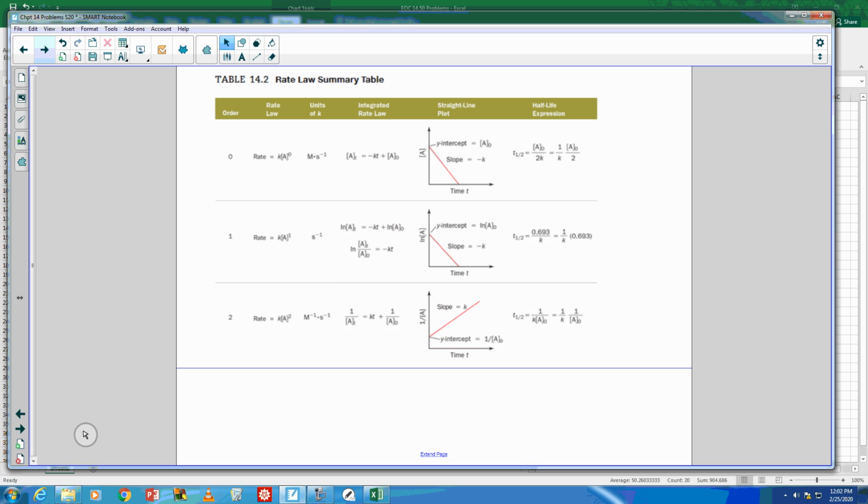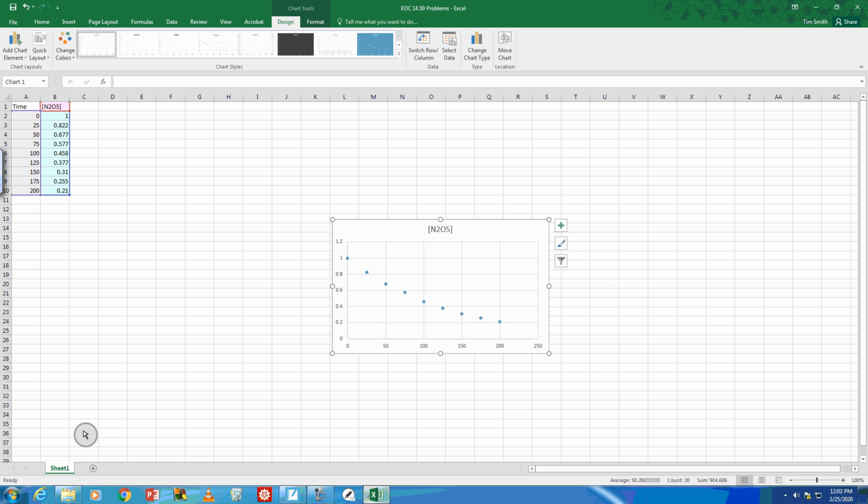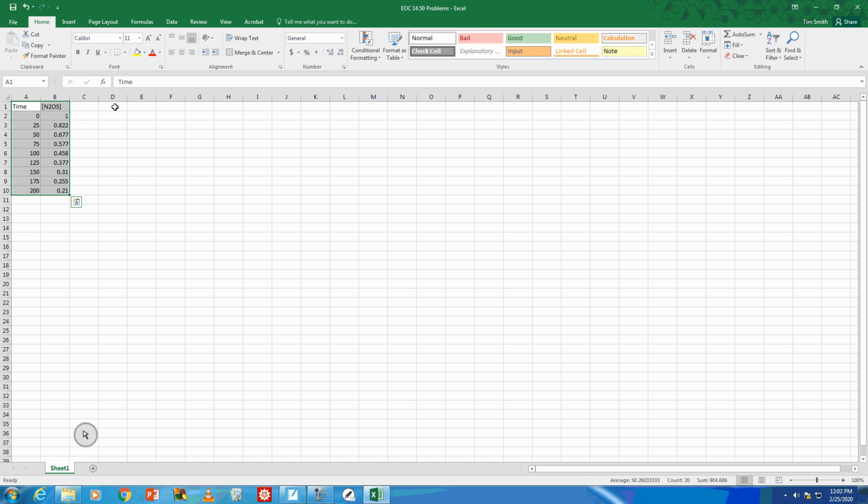Let's see if it's first order. We want natural log of concentration versus time. So let's do that plot. All right, so I'm going to make a new cell that's called natural log of concentration. And so it's equal to ln, open parentheses, the value in that cell, close parentheses, and I'm going to drag it down.